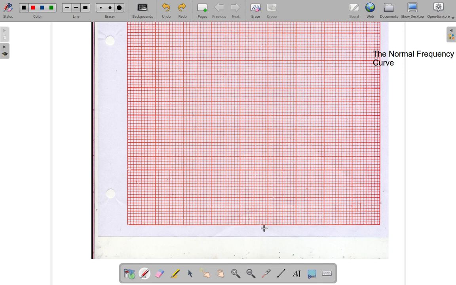Let's say at the center you have 5 feet 7 inches, 4, 3, 2, 1, and this is 5 feet 6, 5 feet 5, 5 feet 4. I'm just separating the feet and inches by comma.